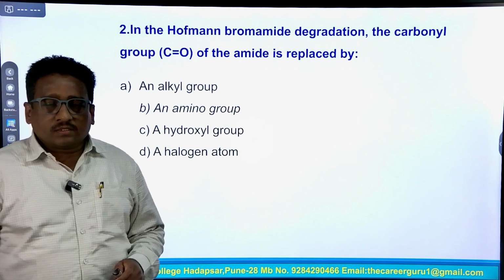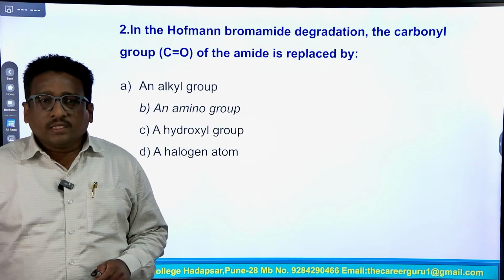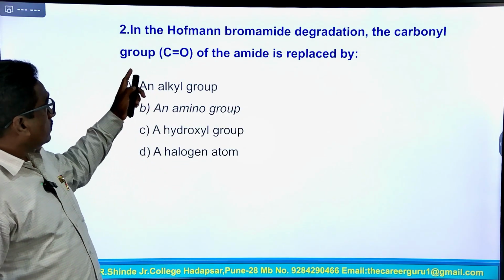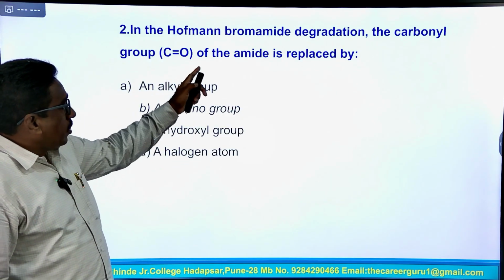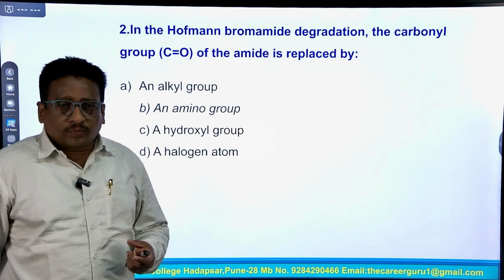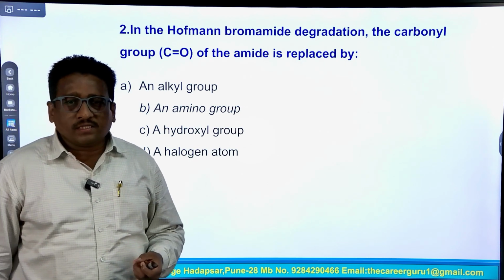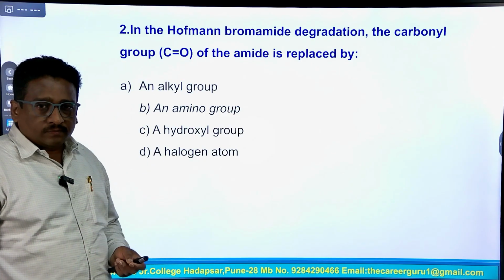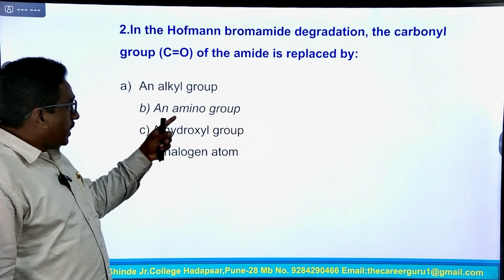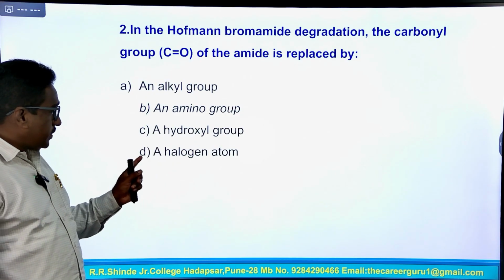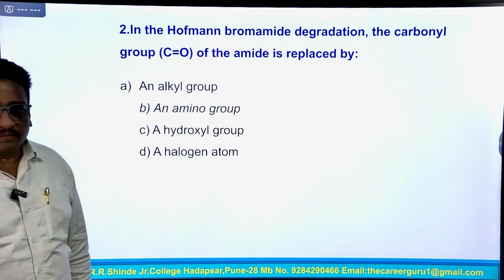Second MCQ, in the Hofmann's bromamide degradation, the carbonyl group, C double bond O, of amide is replaced by which group or molecule? Option A, an alkyl group, option B, an amino group, option C, a hydroxyl group, and option D, a halogen atom.